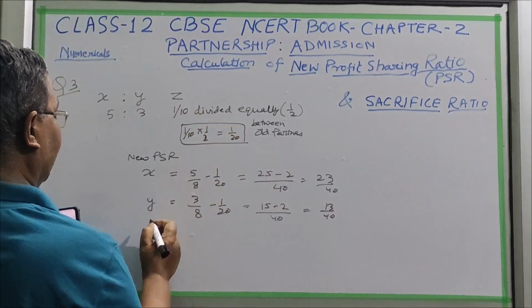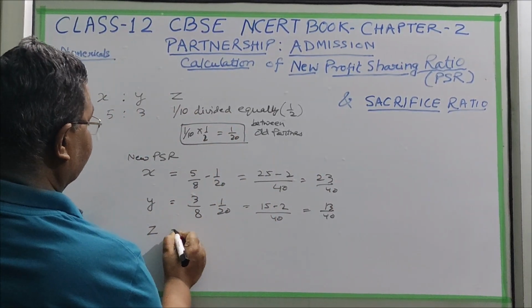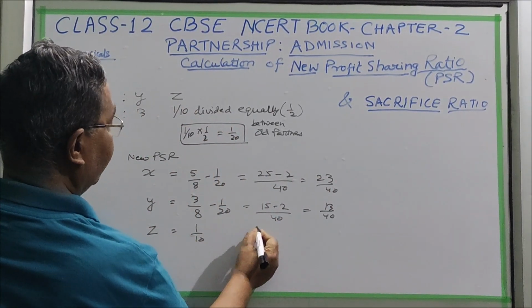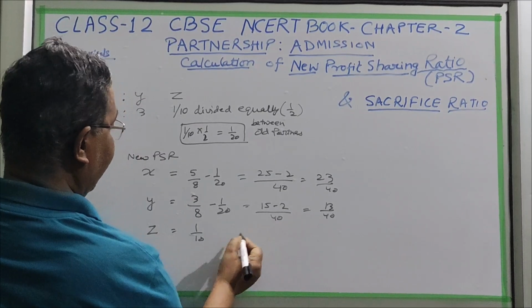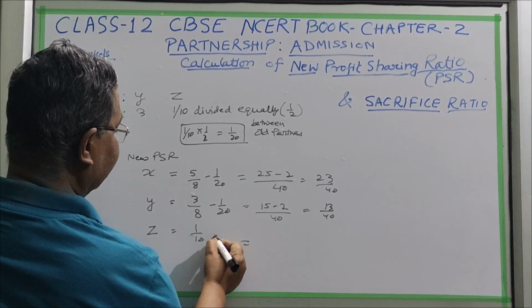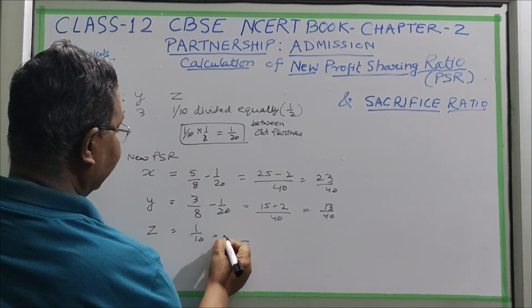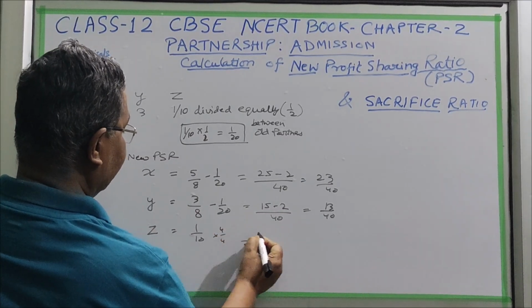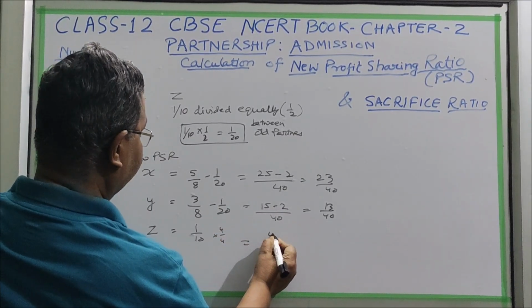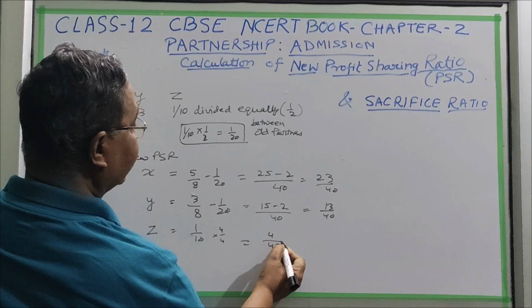Then this 1 upon 10, Z is equal to 1 upon 10, we will make it to 40. To make it 40, we will multiply by 4 here and 4 here. So it will become 4 upon 40.